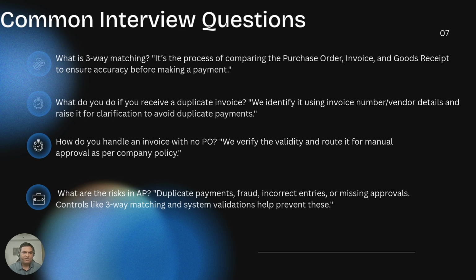Now comes the most exciting and important part of this video, the common interview questions. Some of the common interview questions that you can find from this section of the AP is, what is a three-way match? Three-way match is a process of comparing the purchase order, the invoice, and the goods receipt note to ensure accuracy before making a payment, which means when you get an invoice, the invoice has to contain a purchase order that you can tie back.